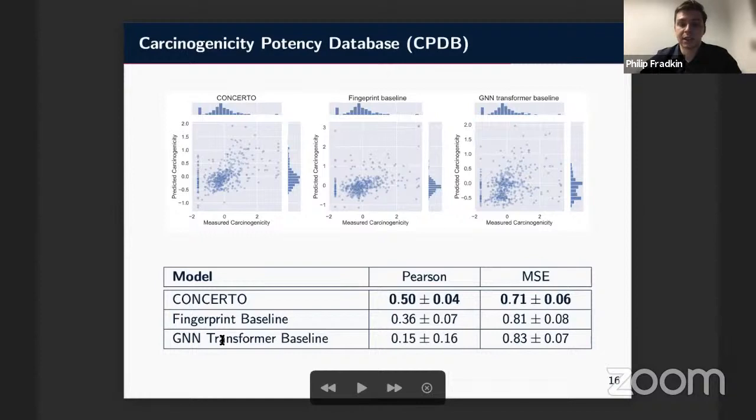And we find that combining them as well as mutagenicity pre-training achieves a better performing model. In addition, we noticed that the GNN transformer is quite variable as measured by bootstrapping, which makes us think that it's performing well on a subset of the data.